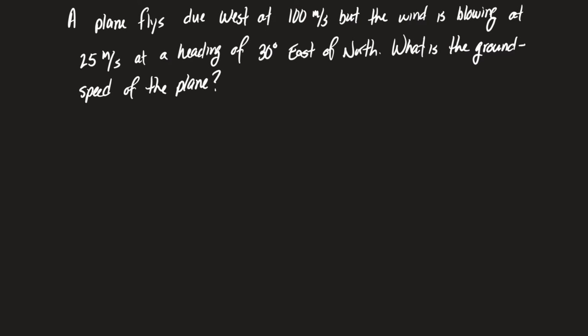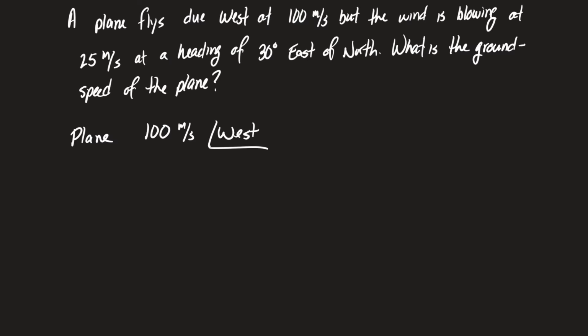So the plane is traveling 100 meters per second due west. This is the plane. And I'm going to write them next to each other, and you're going to see why in a minute.